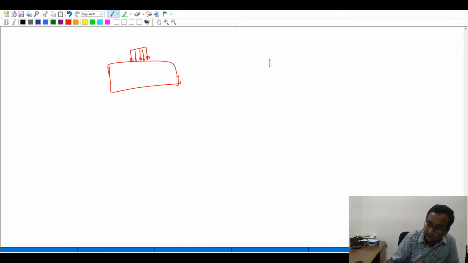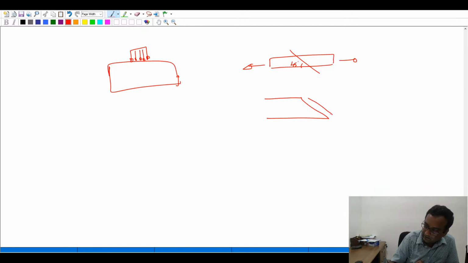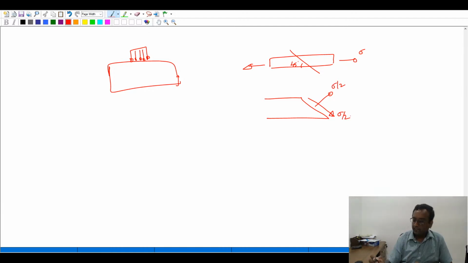For example, in a uniaxial state of stress also, even though you are pulling the bar with the normal stress alone, a 45-degree plane will have both shear stress and a normal stress, which will be, if this is sigma, this will be sigma by 2, and this will also be sigma by 2. Okay, so it's not that if you apply normal stresses, only normal stresses will be in the body. There will be other planes that are having shear stresses also.